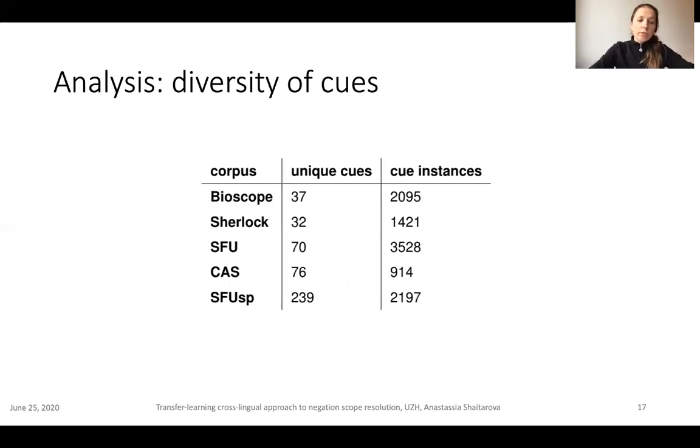This table shows a cue distribution of the 5 corpora that I have worked with. We can see that the number of unique cues in Spanish exceeds all the others by far. Even if we combine the unique cues of the English corpora, the Spanish corpus is the most diverse. Many cues in Spanish are multi-word expressions that do not appear in English and appear in the corpus only once.